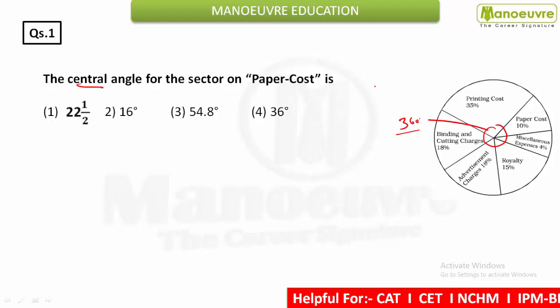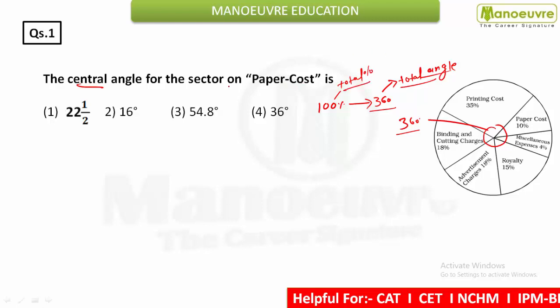And if I add all the percentages which are given here, this will be 100%, and that 100% corresponds to the whole total angle, 360. This is the total angle, and this is the total percent. Okay, so hope these things are clear to you.